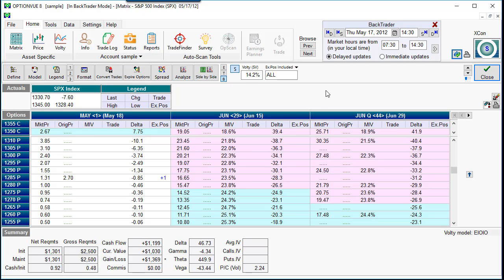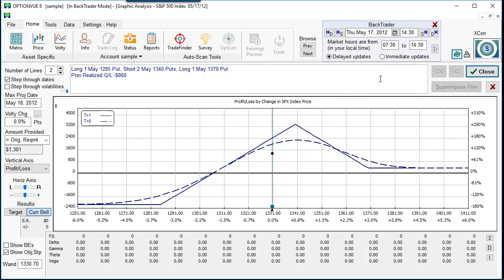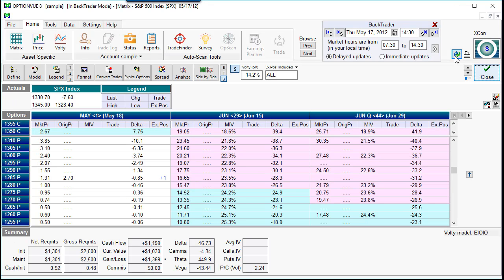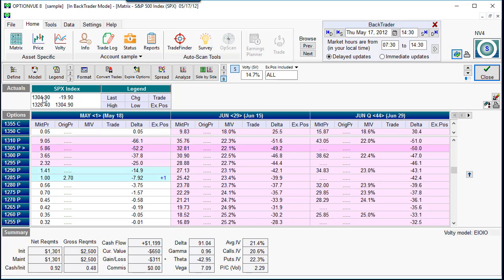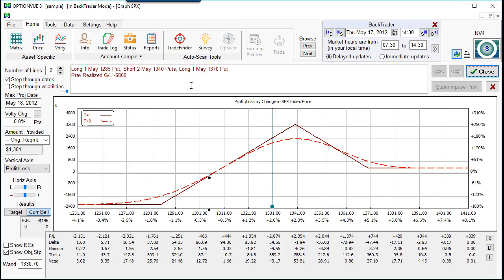It is a fantastic software. It absolutely helps you build confidence and learn methods and see how options function and perform, but it is not without its little quirks and quibbles sometimes, for sure. So I do not believe that we hit 1325. Oh no, we did. Yes. All right. So perfect. Looky there.